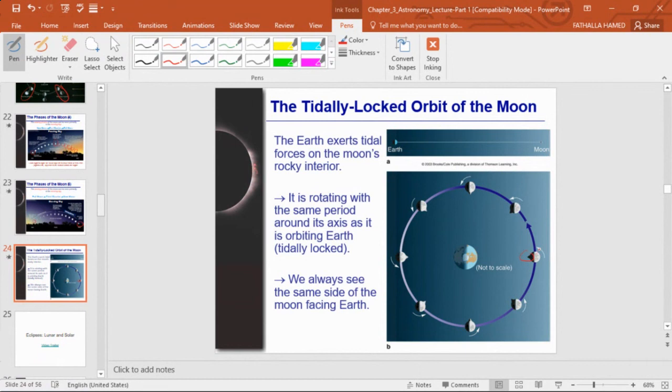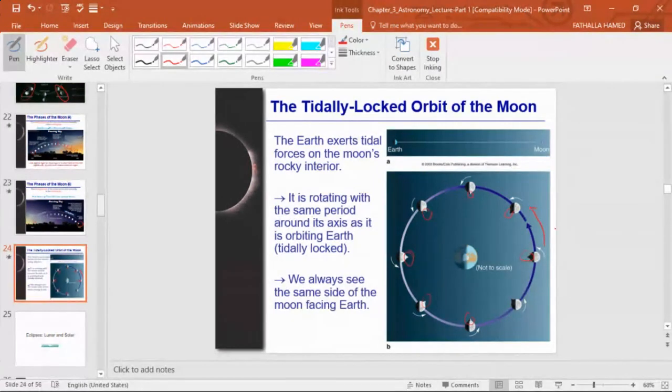Now, as the moon orbits the earth, it is also rotating in such a way that this feature here is going to face us. And this feature here is going to face us. So this feature here is always facing the earth as the moon revolves around the earth.